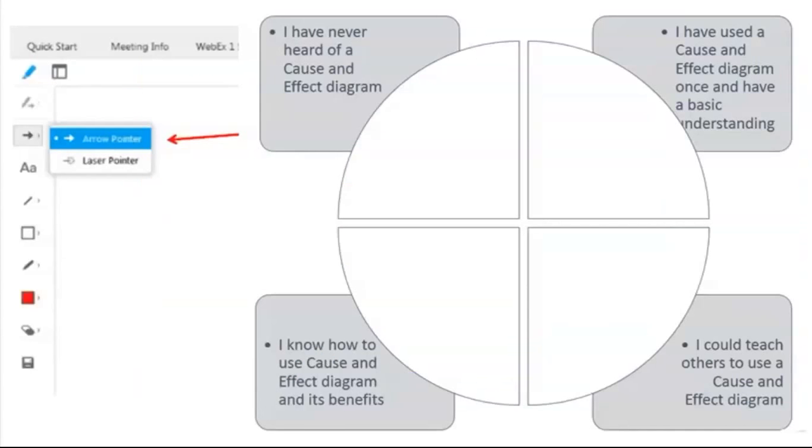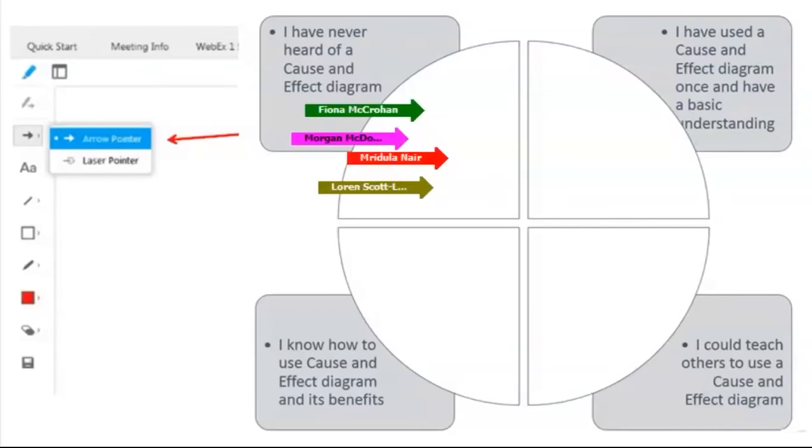We're going to use again the pie that we had for Pareto just to gauge your experience of using cause and effect diagrams. These are also called Ishikawa diagrams, so I don't know if that makes any difference to your remembering if you've used them or not. So again, if you can use the pointer on the left-hand side, just pop your arrow into the pie and let us know what your experience is.